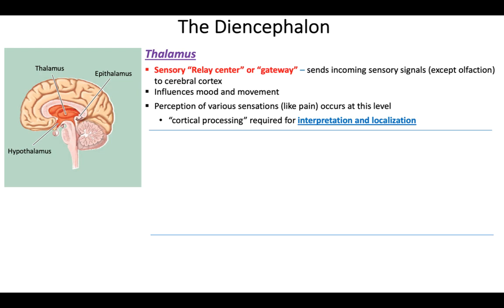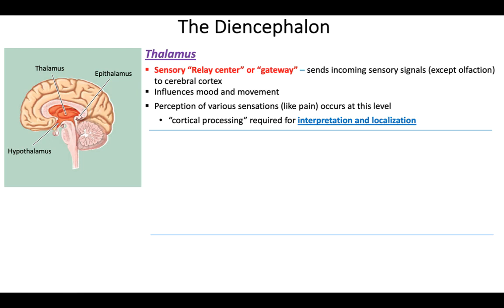All these things go into the brain, but you need someone to relay them to the appropriate areas. And that's the job of the thalamus. So a lot of signals go to it, and then it will relay them to the cortex. The cerebral cortex is the part of the cerebrum that does a lot of the interpretation of your senses.